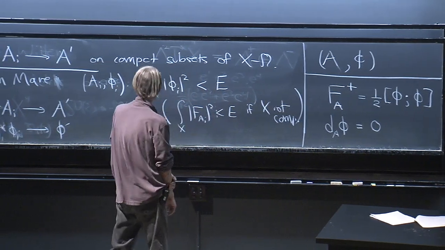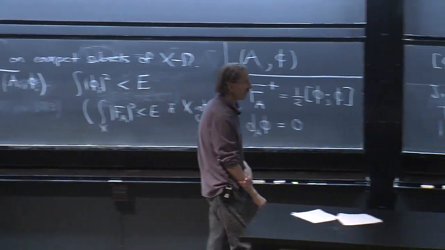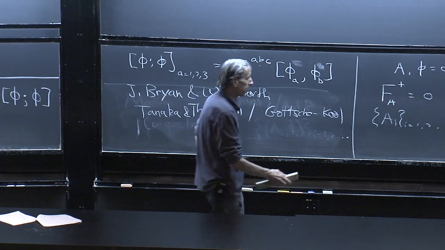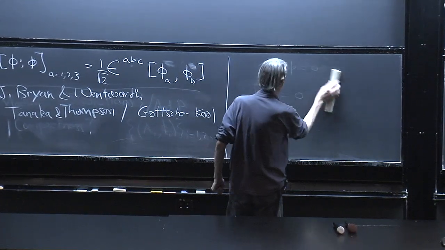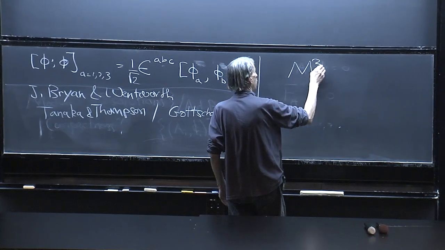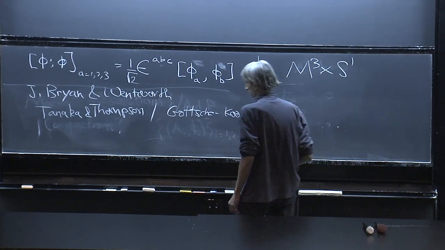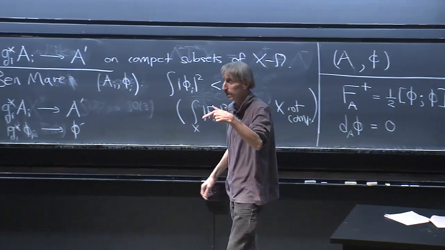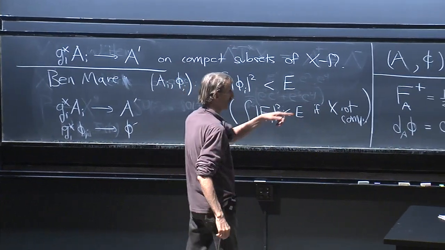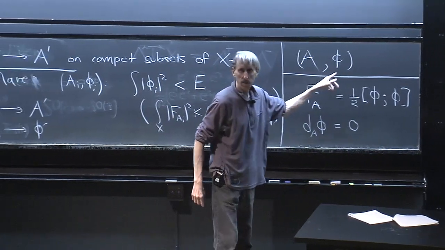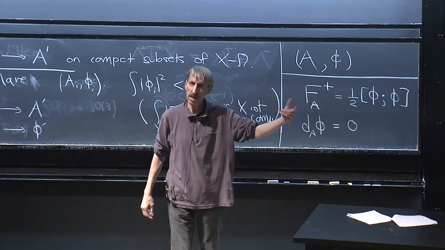But in fact, there's another way you can see non-compactness, which is you take a three-manifold cross a circle, and you look for solutions that are invariant under the circle action. So then you're just basically looking at equations on the three-manifold. And on a three-manifold, two-forms are the same as one-forms by the Hodge star.